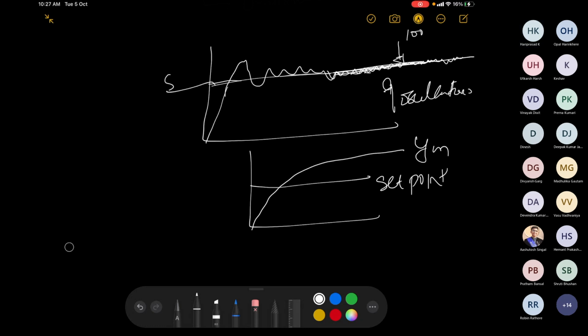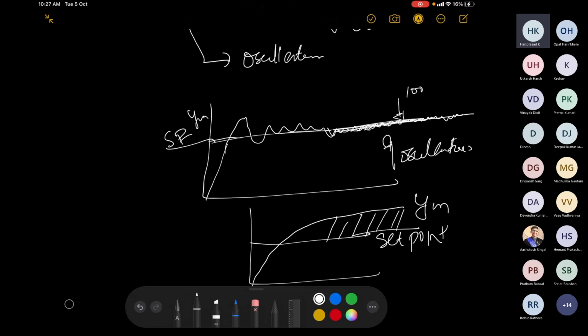Here there is a clear offset, which essentially means that your output is not coming back to the desired position. While here it is coming back, but by saving from offset, this has eventually resulted in some level of oscillation. But the oscillation would keep on decreasing.